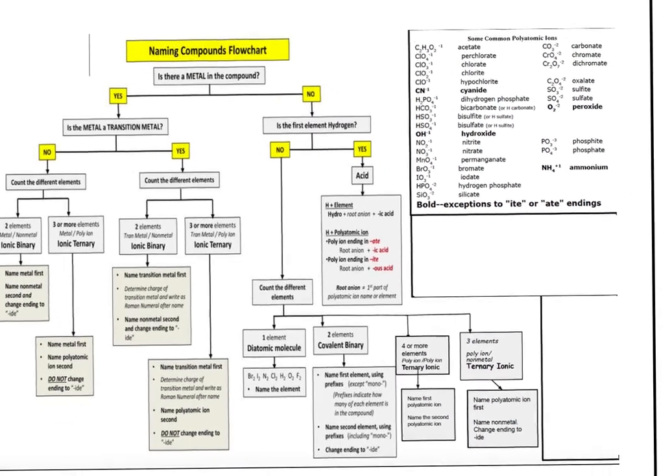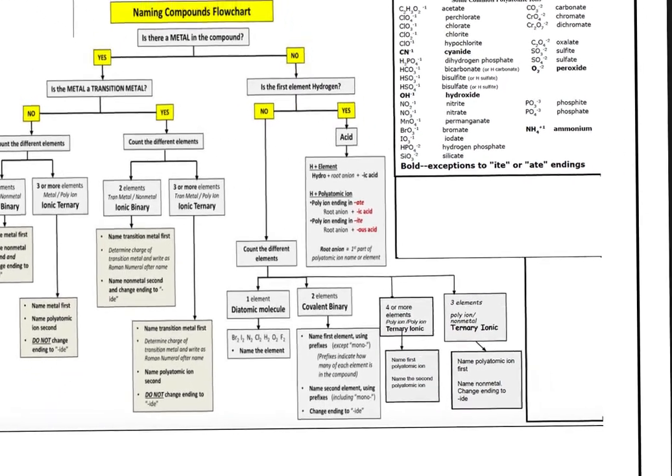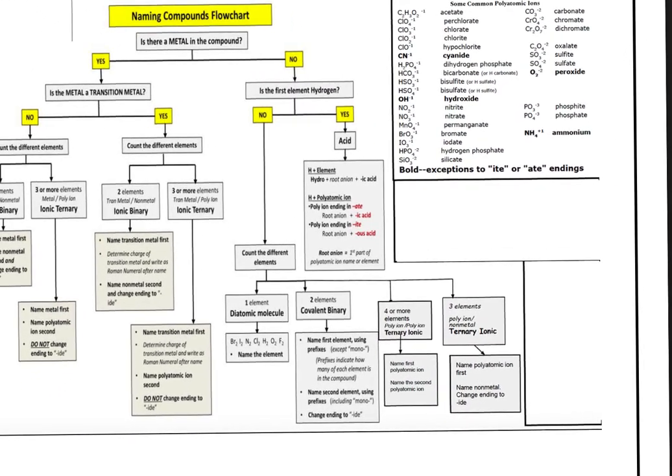Next, we're going to look at what if there is no metal in the compound. What does that mean? If there is no metal in the compound, you have to be very careful with what the first element is. If the first element is hydrogen, that means it's an acid, okay? Because if you just say, oh, are there 2 nonmetals?